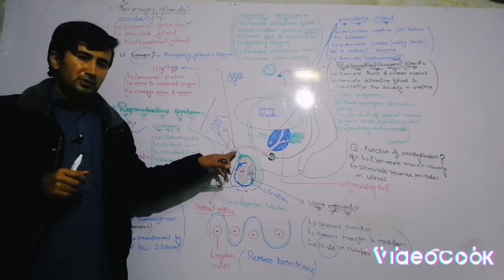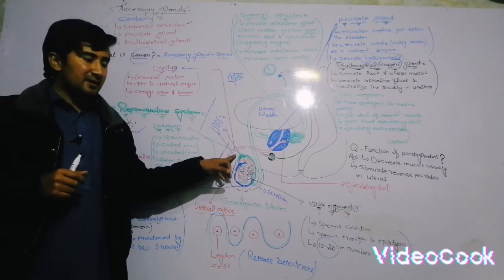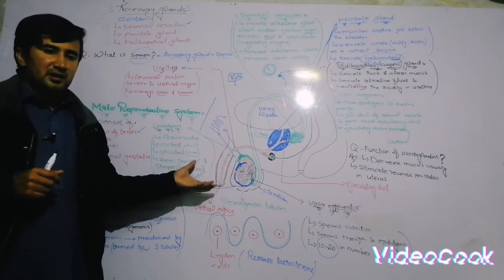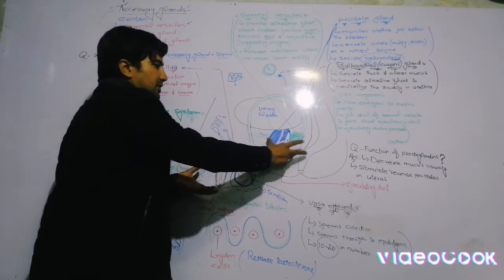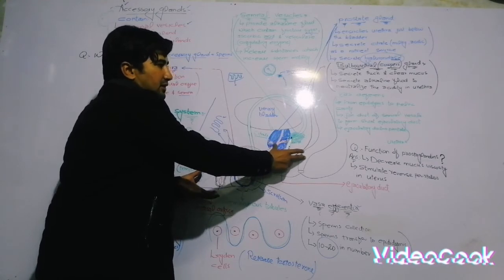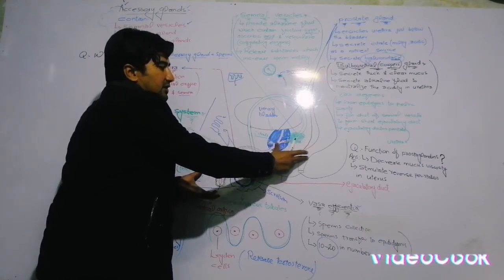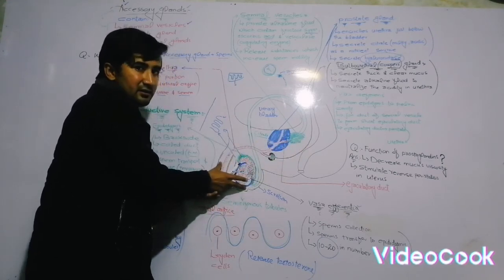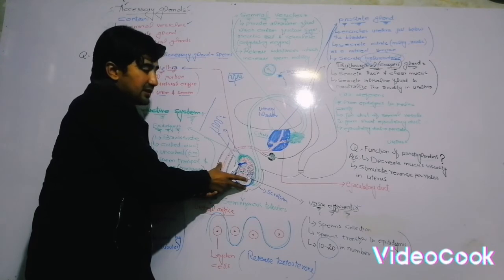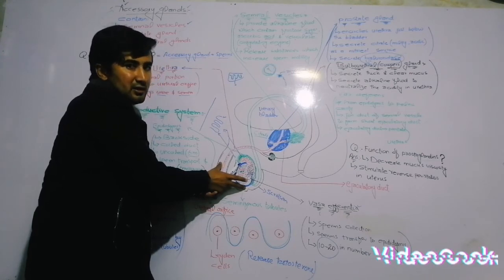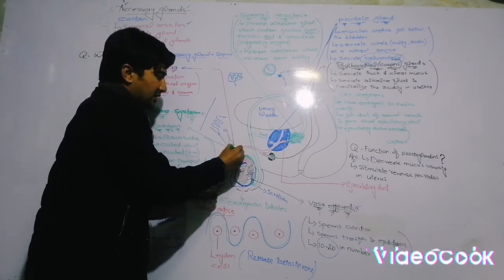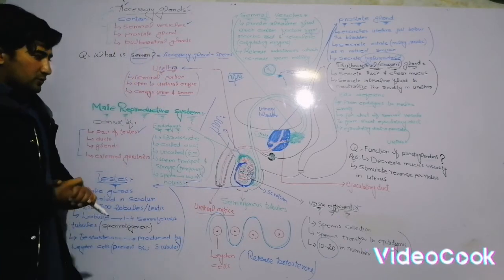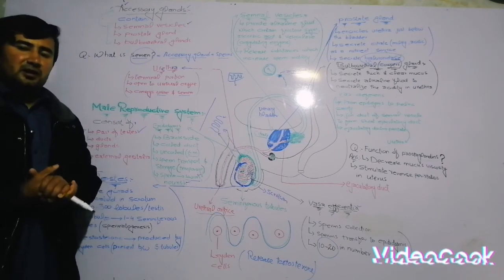Inside the body the temperature is 37 degrees centigrade, and at 37 degrees sperms die. That is why nature produced the testicles outside of the body, where the temperature is 35 degrees centigrade.